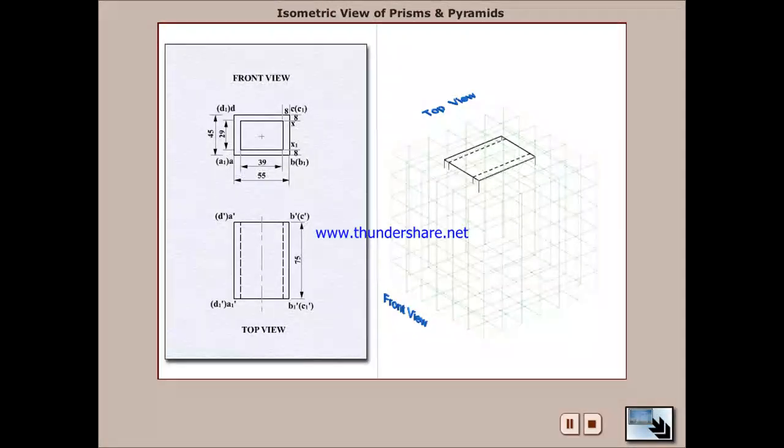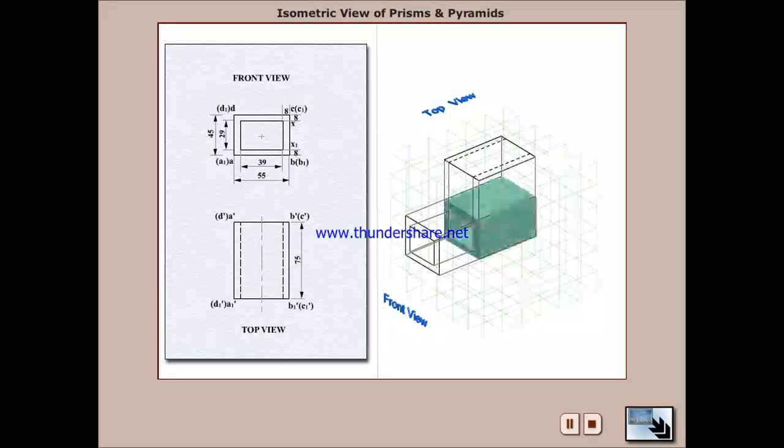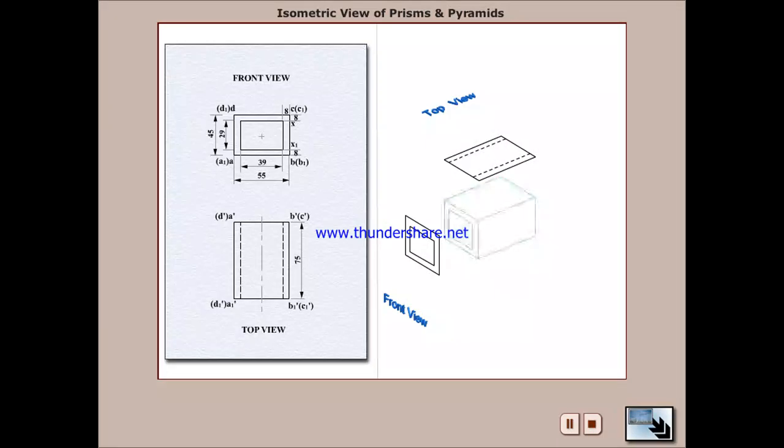This is the top view. This is the front view. And the perpendicular positions of each parallel and perpendicular intersection you may get. This is the top view and front view highlighted, and with the isometric view of the prism we got.